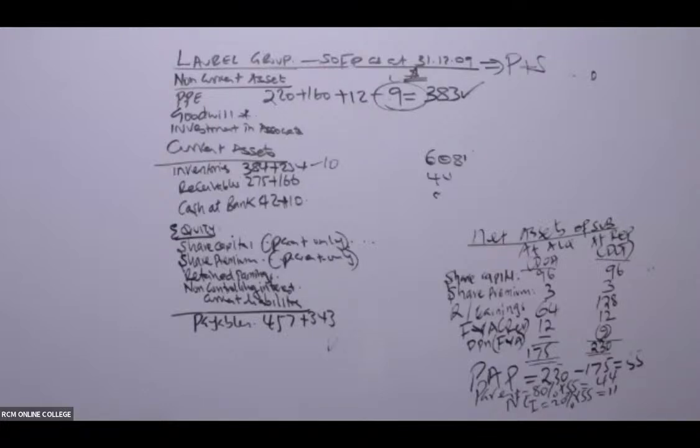We shall overcome. So now we are doing goodwill. We don't do goodwill for the associate. We do goodwill for the subsidiary.